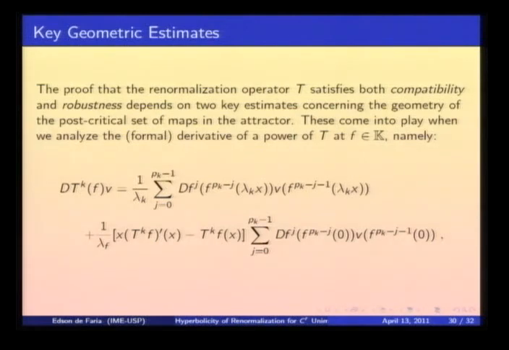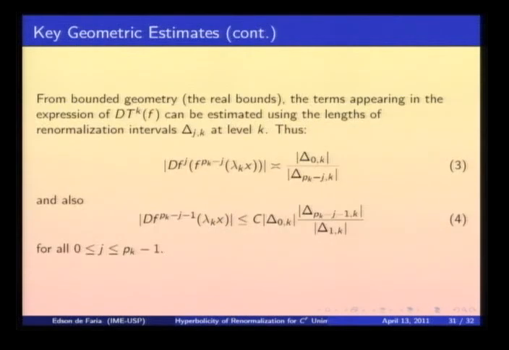Now it turns out that to do this theory and prove robustness, compatibility, and so on, what you have to control are these derivatives that you see here. See, DF^J, where J is some power of F, at some point there in the middle, at one of those renormalization intervals. Using the mean value theorem and some distortion estimates, these derivatives are actually controlled by ratios of successive intervals.